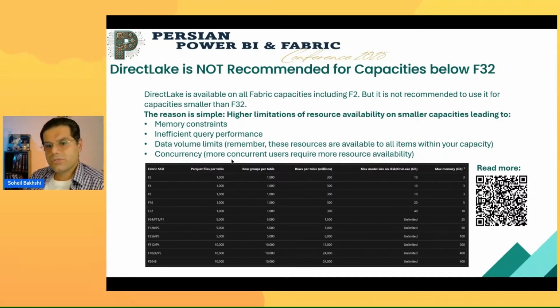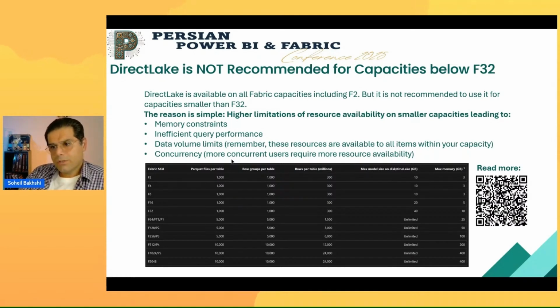These 100 users are hitting the capacity every single time that they open a report page or they click on a visual to set some filters, especially when we are talking about DirectLake, because DirectLake does not import the entire data, just like how the import mode works.